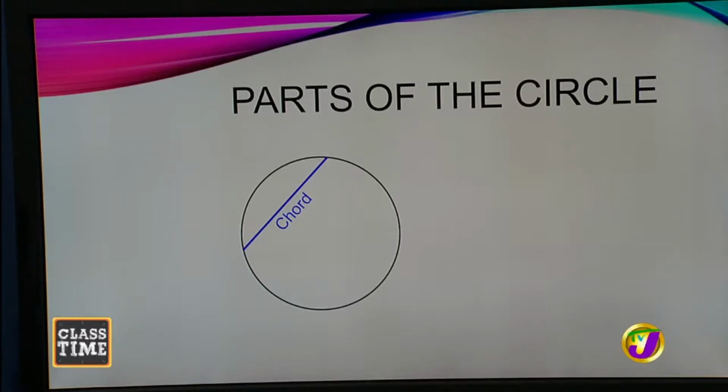When we have a line that touches 2 points of the circumference, not going through the center of the circle, it's a chord. It's a chord and not a diameter. Is the chord a special type of diameter? The diameter, if I can recall, is the longest chord.